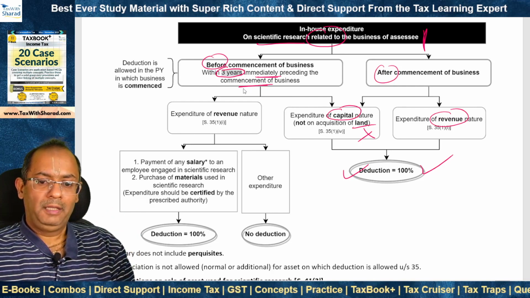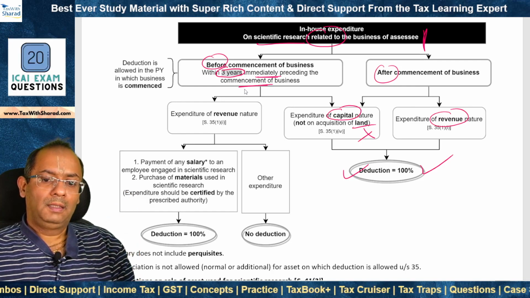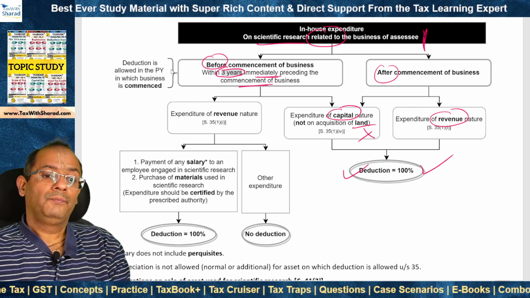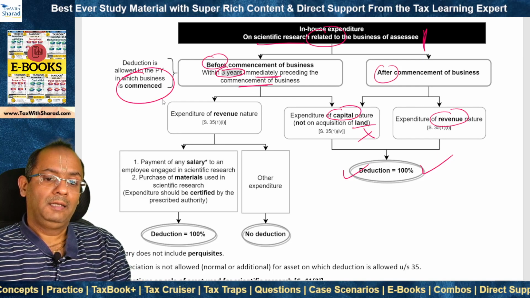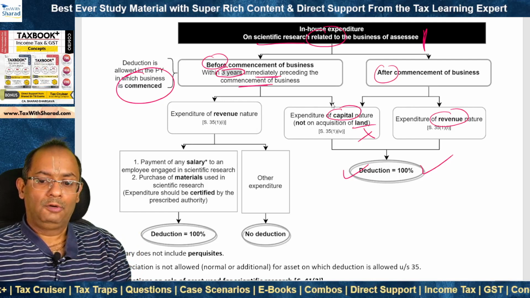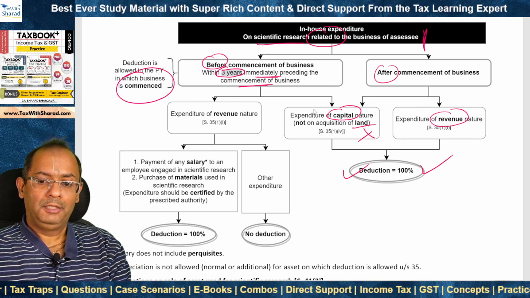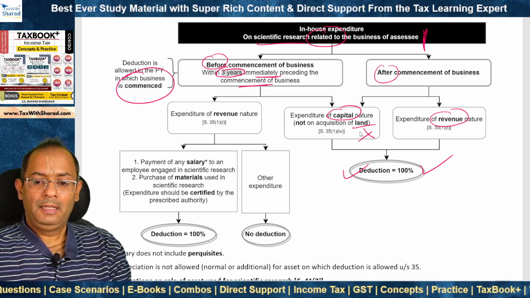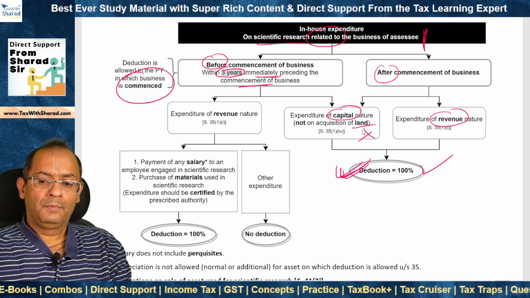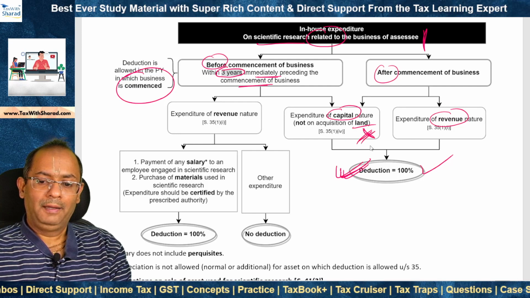So we pick up this period and we figure out the pre-commencement expenditure. In which year is this expenditure allowed? It is allowed in the previous year in which the business is commenced. And this also can be either of capital nature or revenue nature. If it is capital in nature, then 100% deduction is to be allowed, but not on acquisition of land.